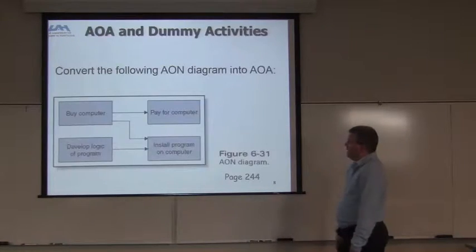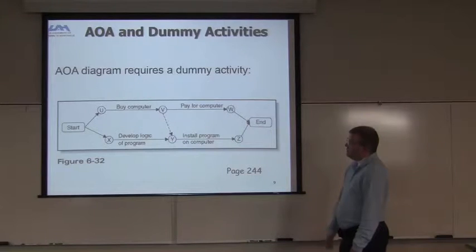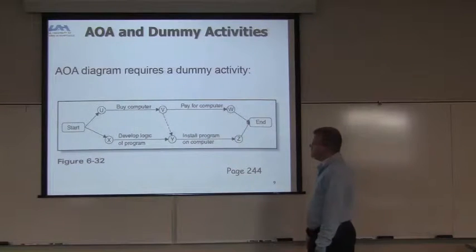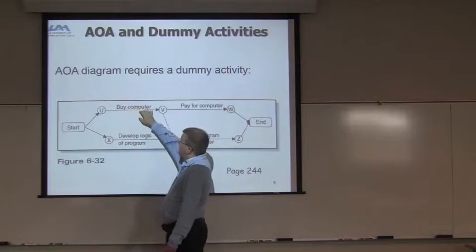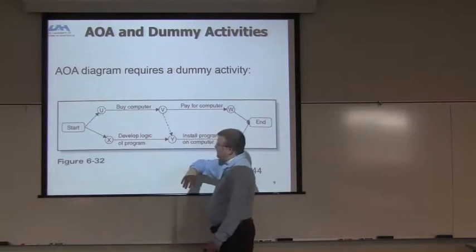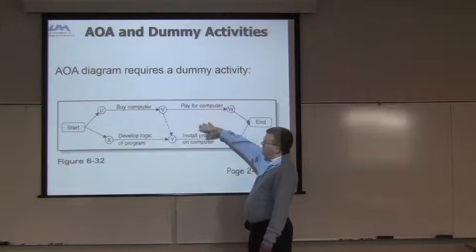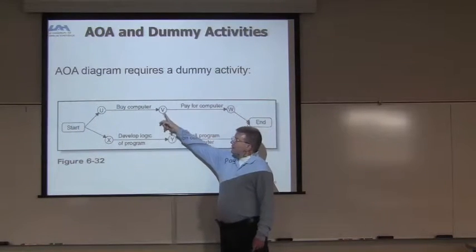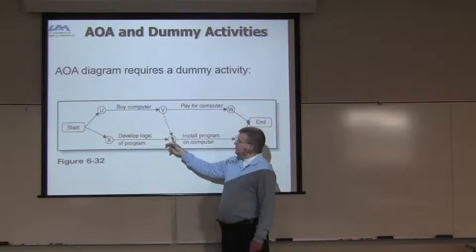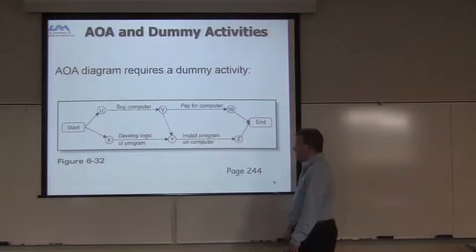You can look at the AON diagram and convert it to an AOA. Now you've got the start time, then buying the computer, developing the logic of the program, paying for the computer, but you've also got this odd arrow down because that one also has to link to that one. So all of that has to happen with this one.